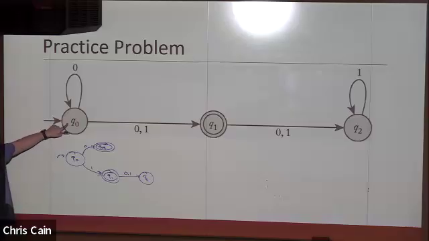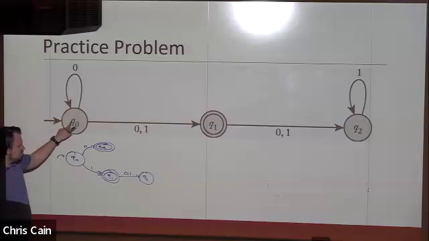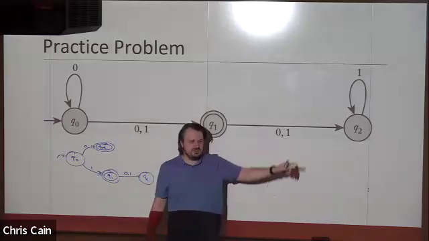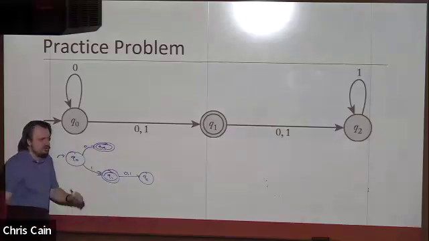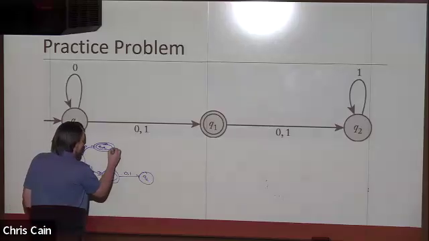If we're in Q0, we have to split the process into both the agent that did this self loop and one that moves over to Q1. The one who is in Q1 moves over to Q2. So it's possible after consuming a 0 from either Q0 or Q1 that we could be in any of the 3 associated NFA states. That is a different subset than everything that we have made so far, so it is a new state, Q0, Q1, Q2.